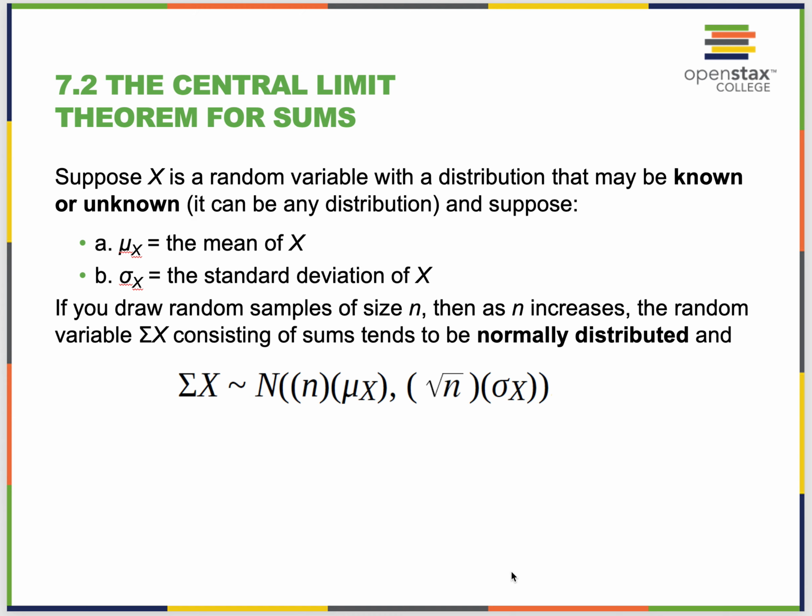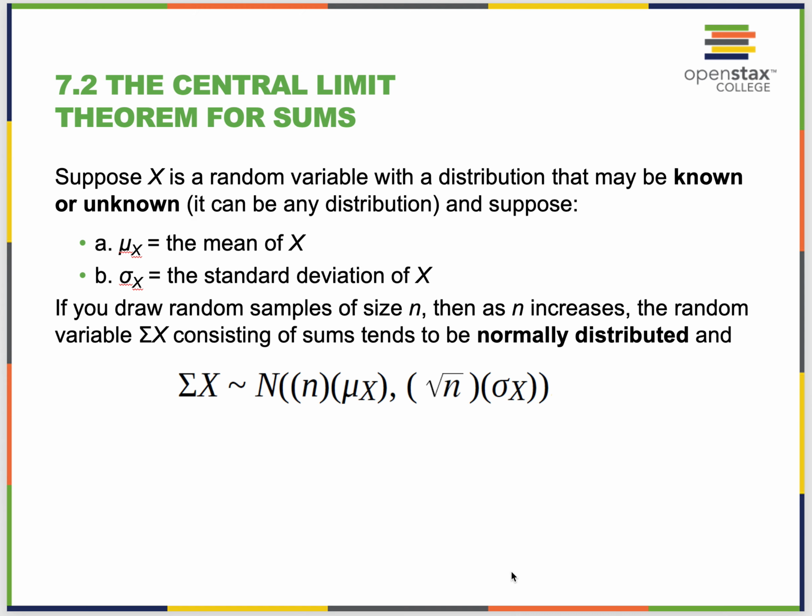If you draw random samples of size n, then as n increases, the sum of X added together n times will be normally distributed. The mean will be n times mu of x, and the standard deviation will be the square root of n times the standard deviation of x. So this time all the distributions are the same, and I'm just adding them up. So it becomes n mu x and square root of n sigma x.